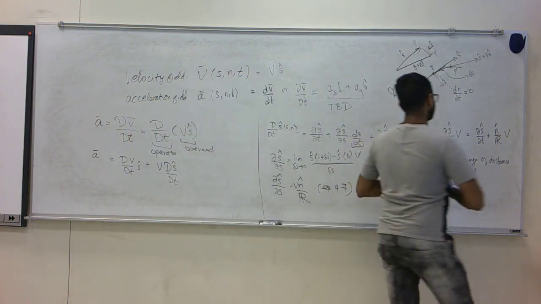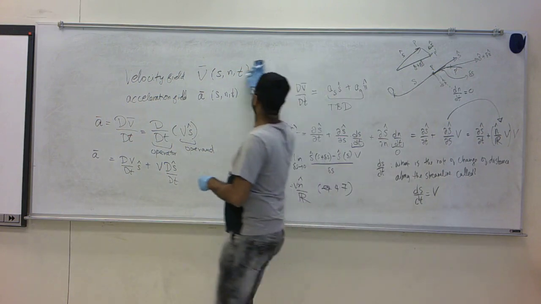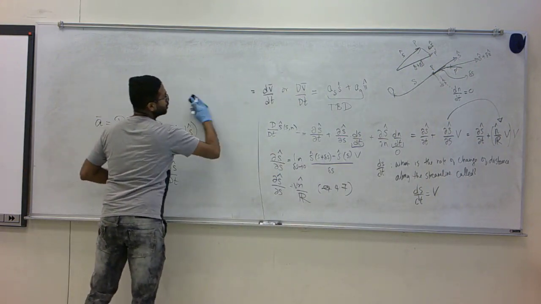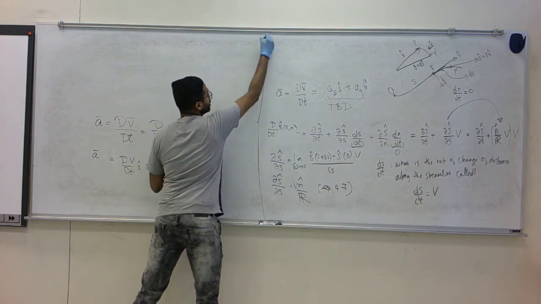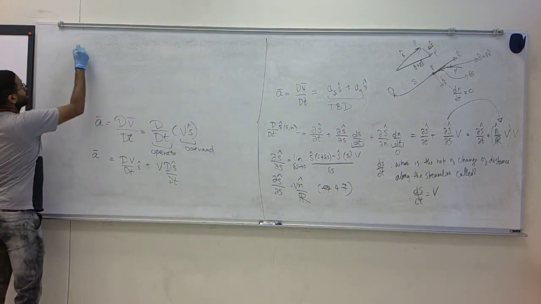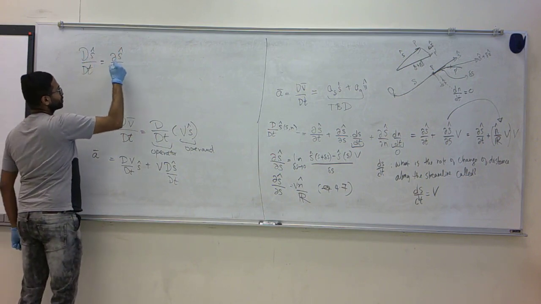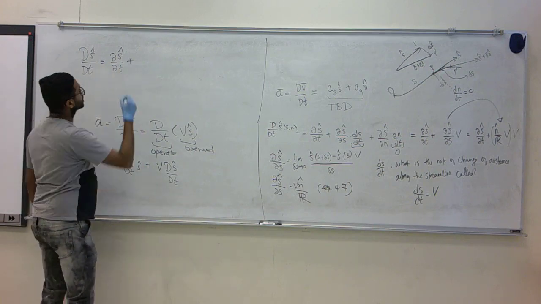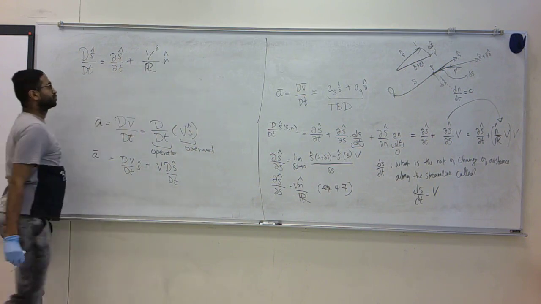So that would be n-cap v over r times v. That is, I'm substituting for this. So I have my ds-cap over dt to be equal to the rate of change with respect to time plus v squared over r times n-cap.